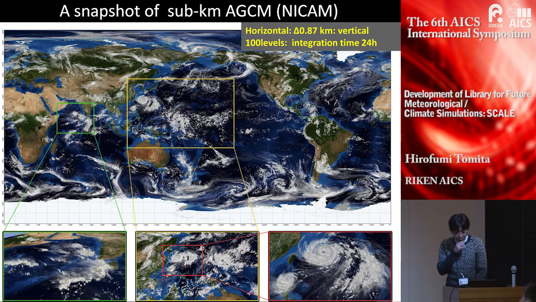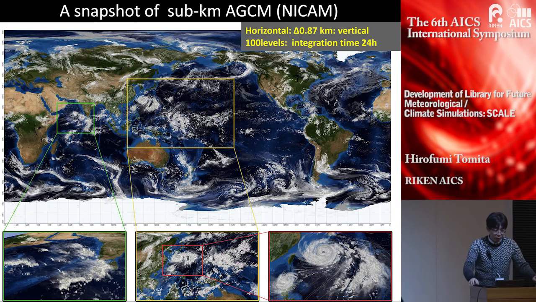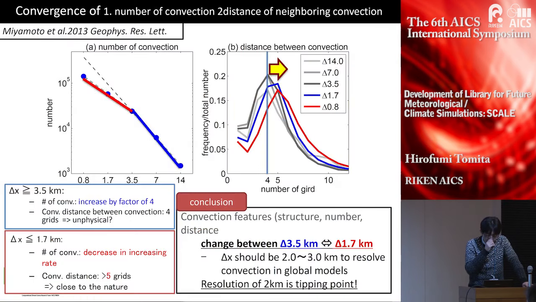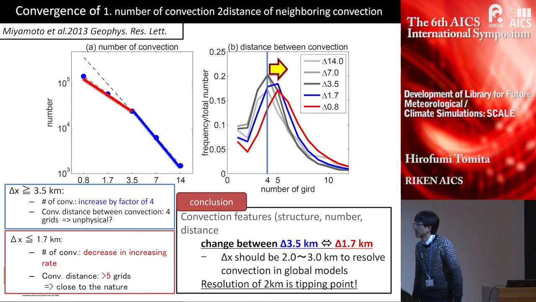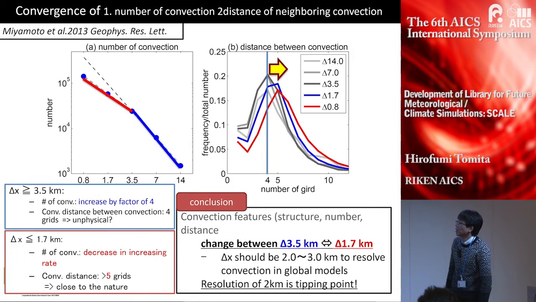This is a snapshot of the sub-kilometer NICAM results. From this result, we can roughly get convection features, such as the structure and number of convections and the distance between two convections.